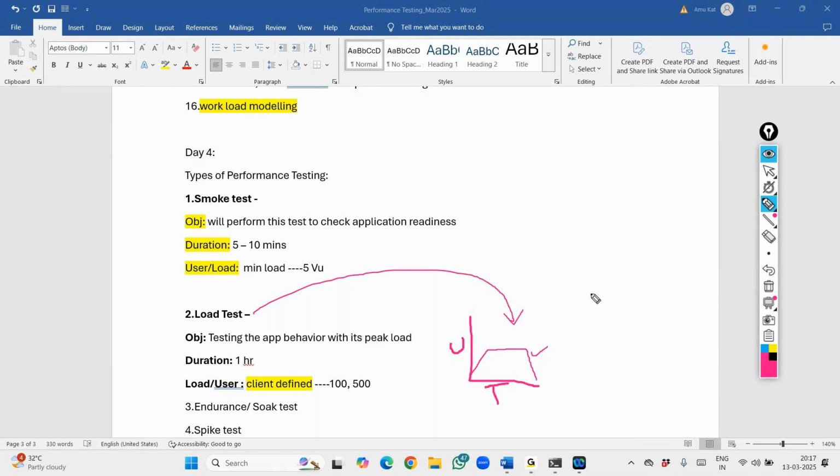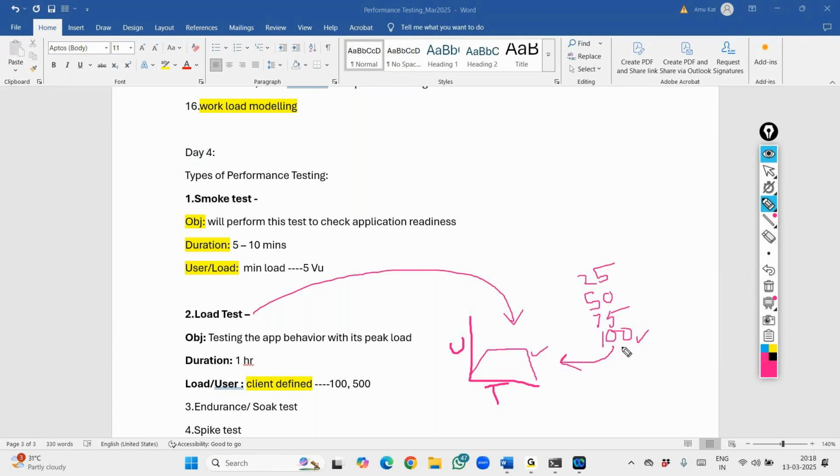If not, we'll simply go with the first 25 users and then 50, and if everything is fine and all the server side and client side metrics are fine, we will keep on increasing the load. If they are okay with 100, then that comes under load test.